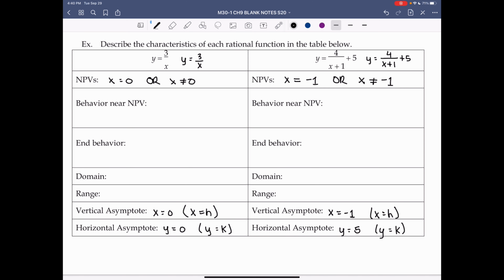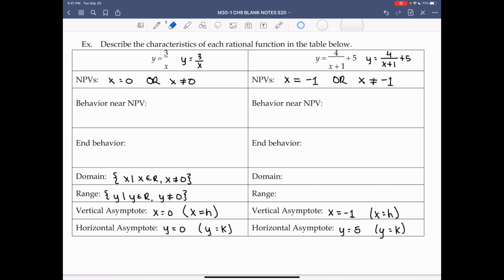Then let's do the domain and range. Starting on the left, domain is everything except the value from the vertical asymptote or from the NPV. So x such that x is all real numbers except x cannot equal 0. Range, y such that y is all real numbers except for the value of the horizontal asymptote, so y cannot equal 0.